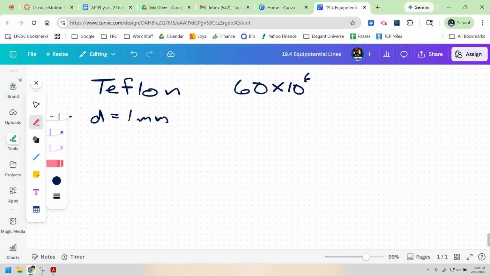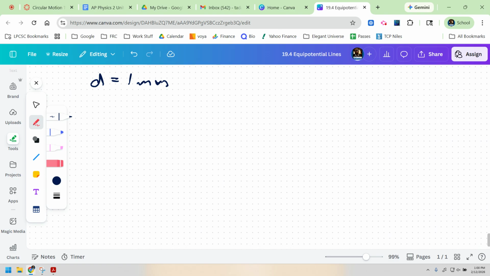To figure out the charge for Teflon, I'm just going to say the charge, Q, would be kappa epsilon, or no. There's still air in there, so the capacitance for air, which we know from earlier, times the voltage.